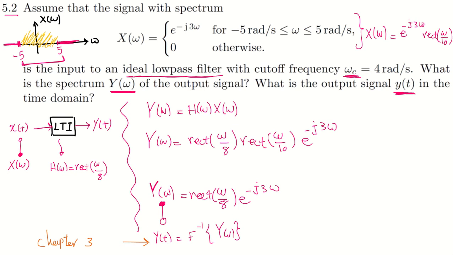We know that the inverse Fourier transform of a rectangular function omega over 8 is a sinc function, sinc of 4 times t over pi, and this is 4 over pi. That we can simply calculate from what we learned in chapter 3.